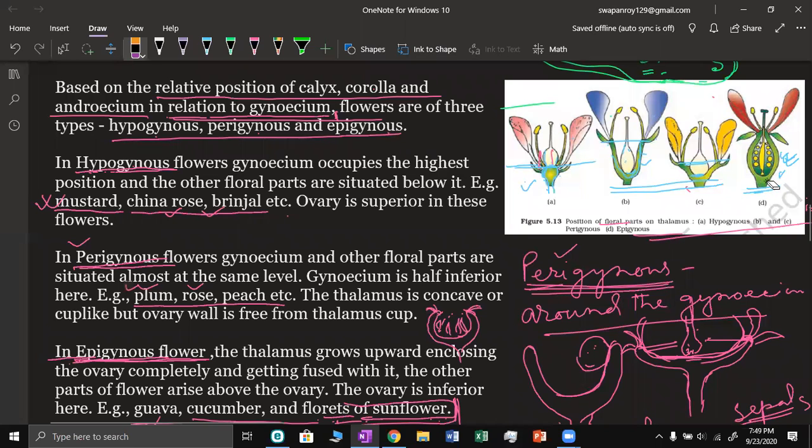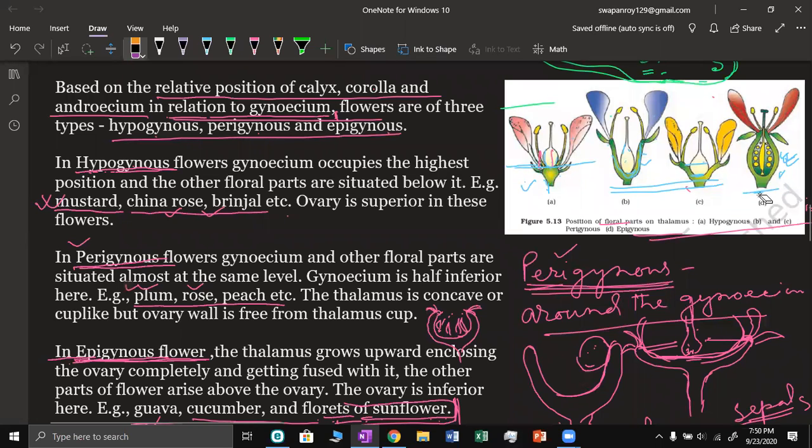And this thalamus has grown around the ovary, and the ovary and the thalamus have fused together and become a single structure. And the calyx, corolla, androecium are at the top. So the ovary is quite below the calyx, corolla, androecium. So this is why it is called epigynous, means above the gynoecium. It is around the gynoecium, and this one is below the gynoecium.